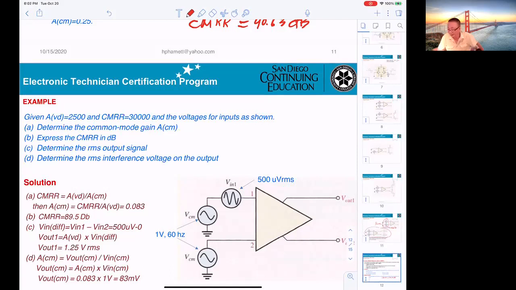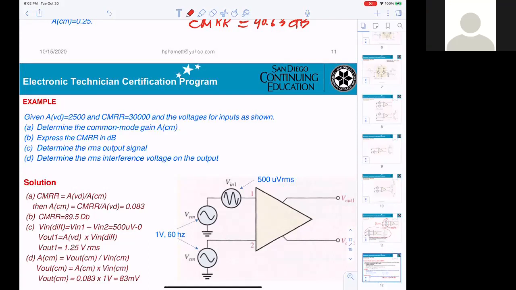If you're looking into the solution, common mode rejection ratio equals AVD divided by ACM. From that formula, you're able to get ACM equals CMRR divided by AVD. That means you take 30,000 divided by 2500. You get 0.083.